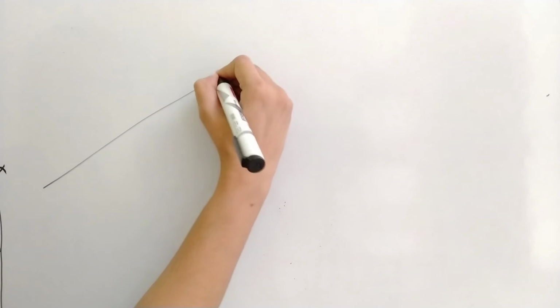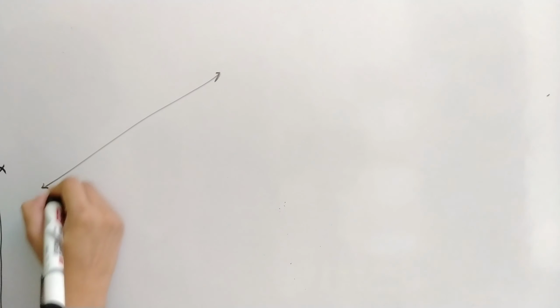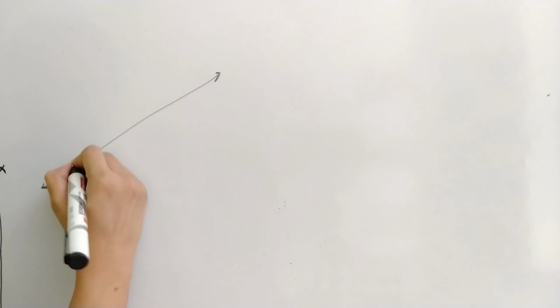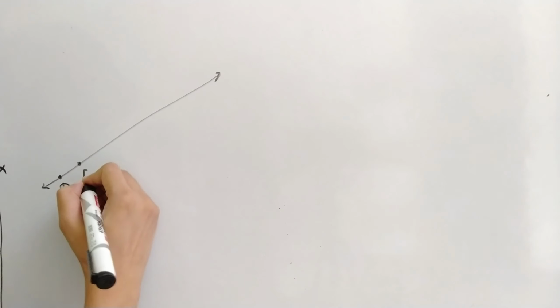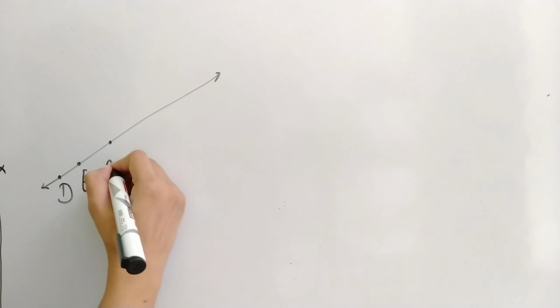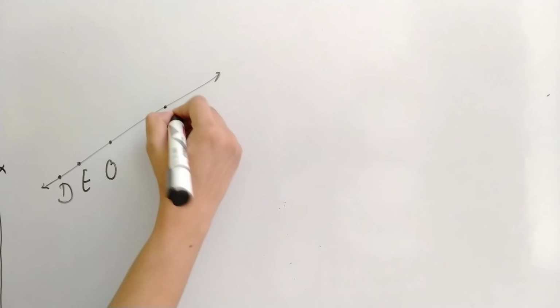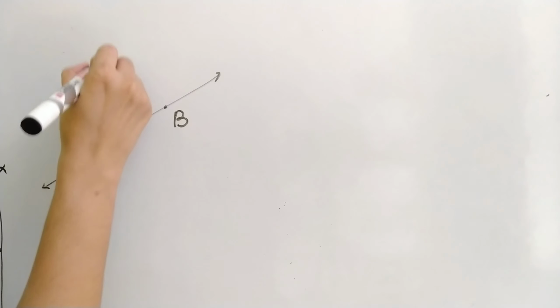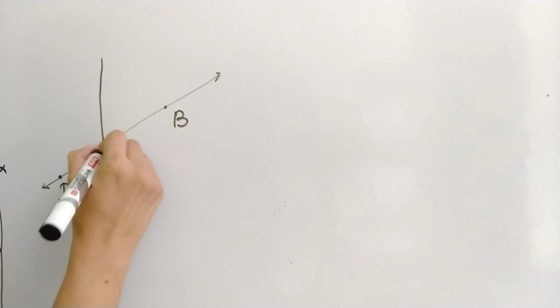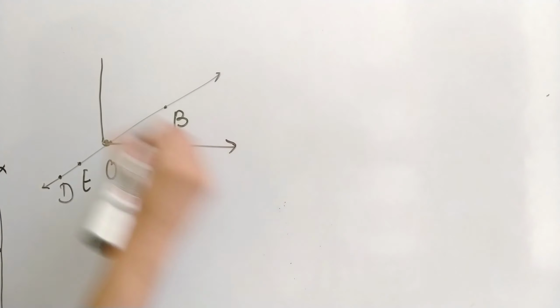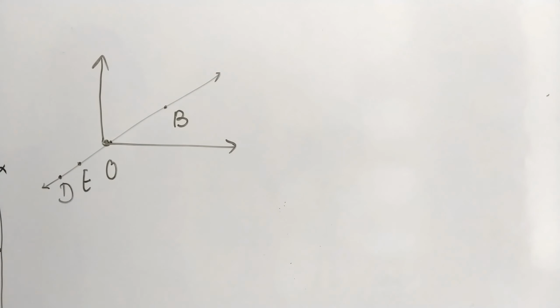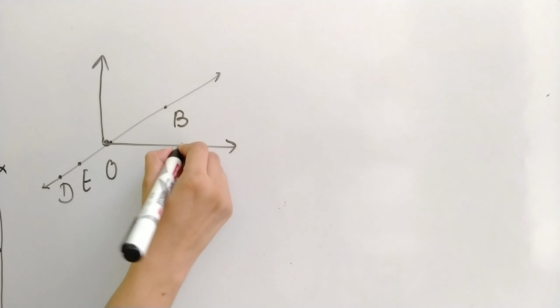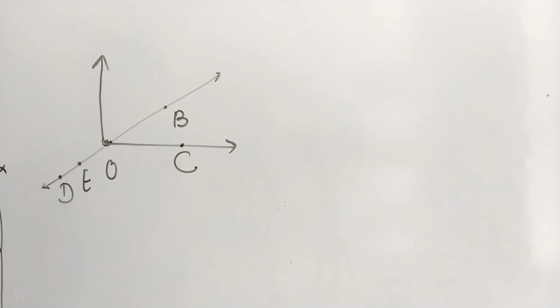Here it has provided point D, point E, point O, point B, and from point O an intersection is going on.